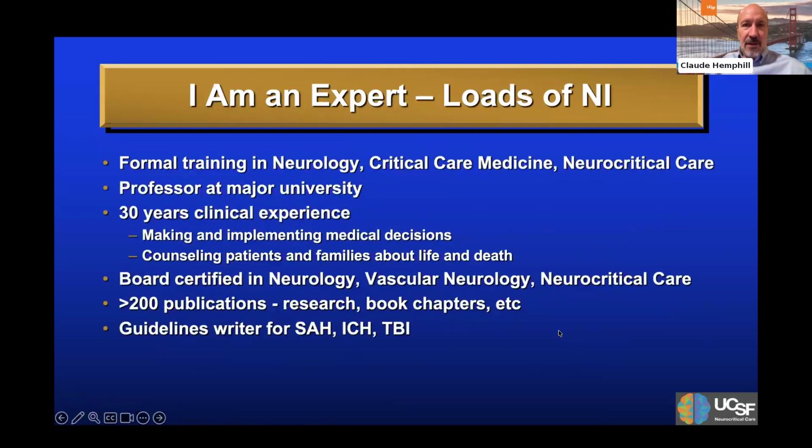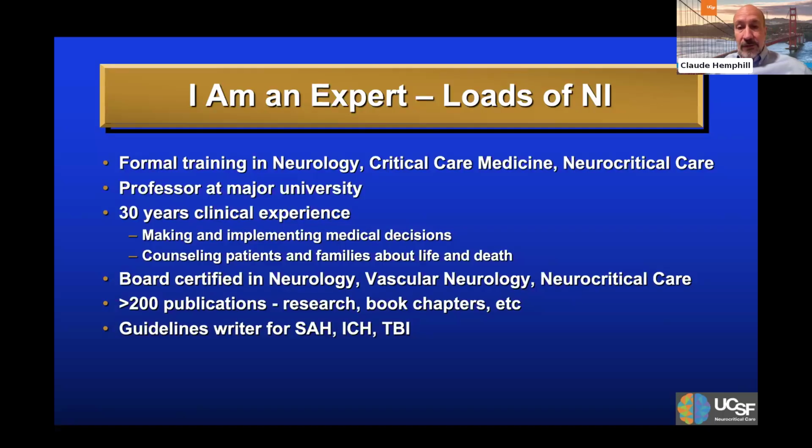And if you look at the paper, you would say, I'm an expert. I have loads of NI. I've had formal training in neurology, critical care medicine, neurocritical care. I'm a professor at a university. I have 30 years of clinical experience making and implementing medical decisions, but also in that context, counseling and working with patients and families about very serious things that relate to medicine, but also relate to ethics and values about life and death.